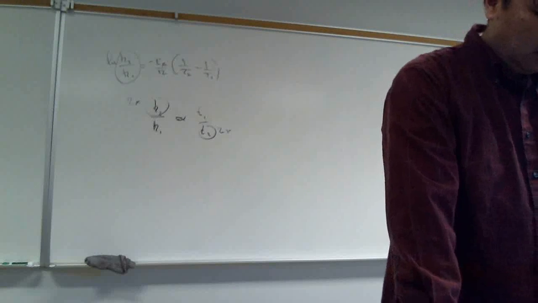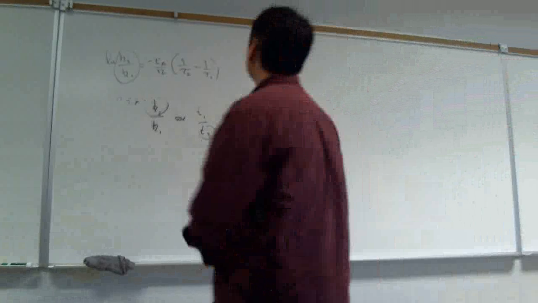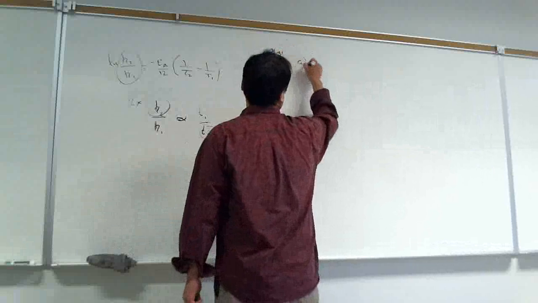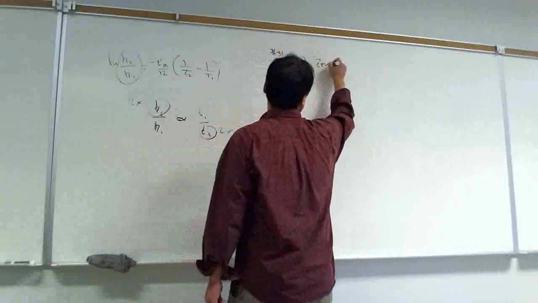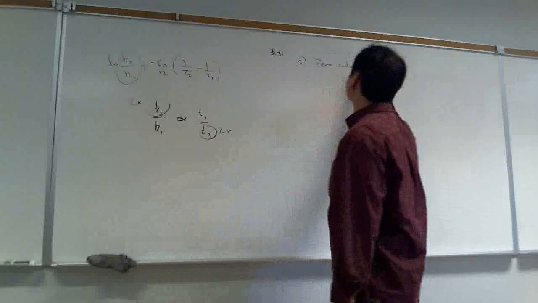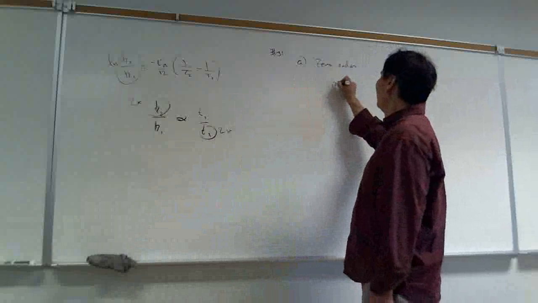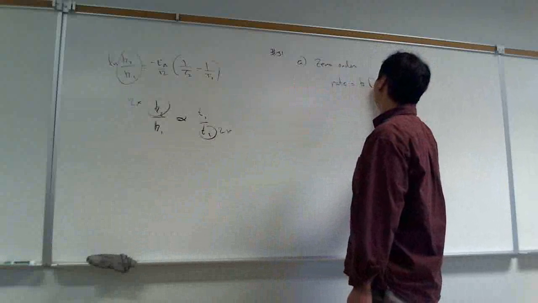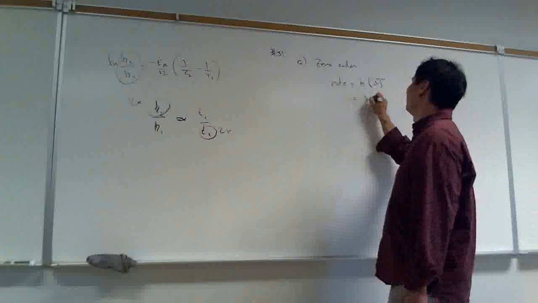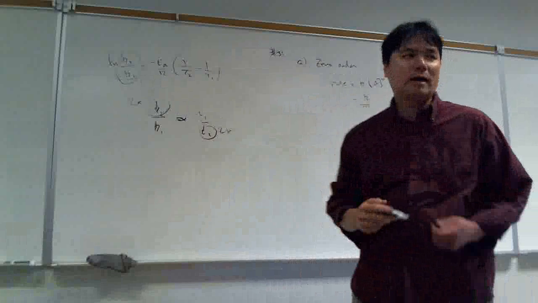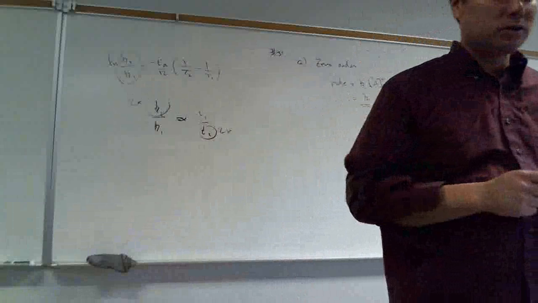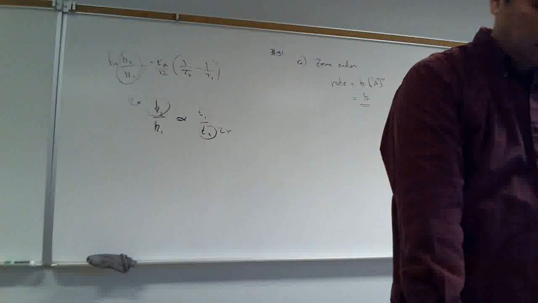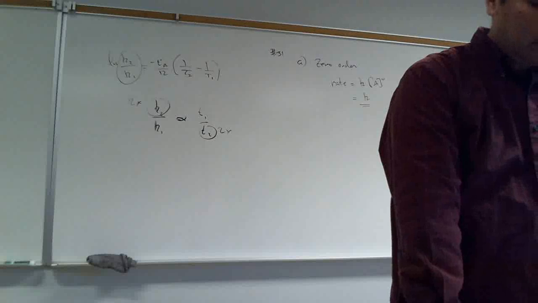For zero order, the rate is equal to k[A]^0, so this is just k. It doesn't matter what the time or the concentration is. I found k is 0.01, and that would be the rate.